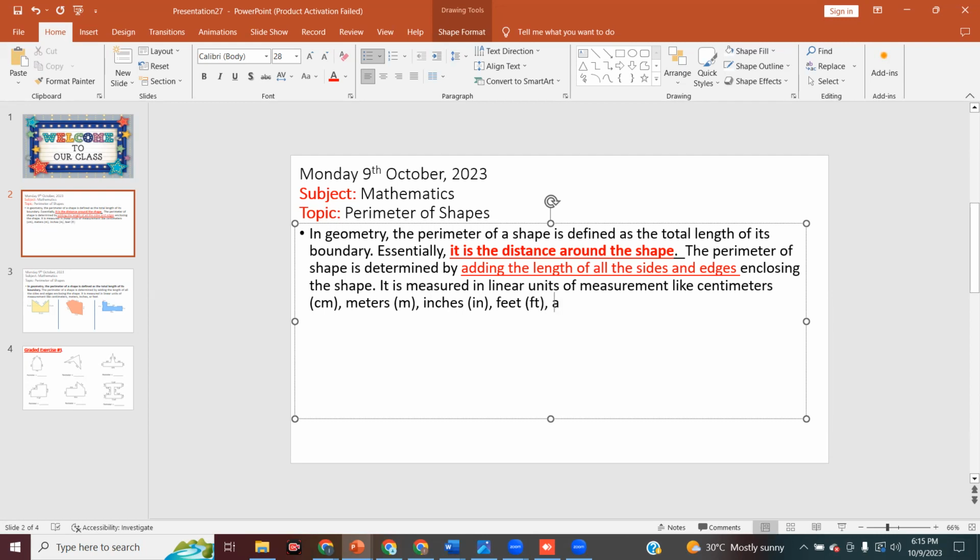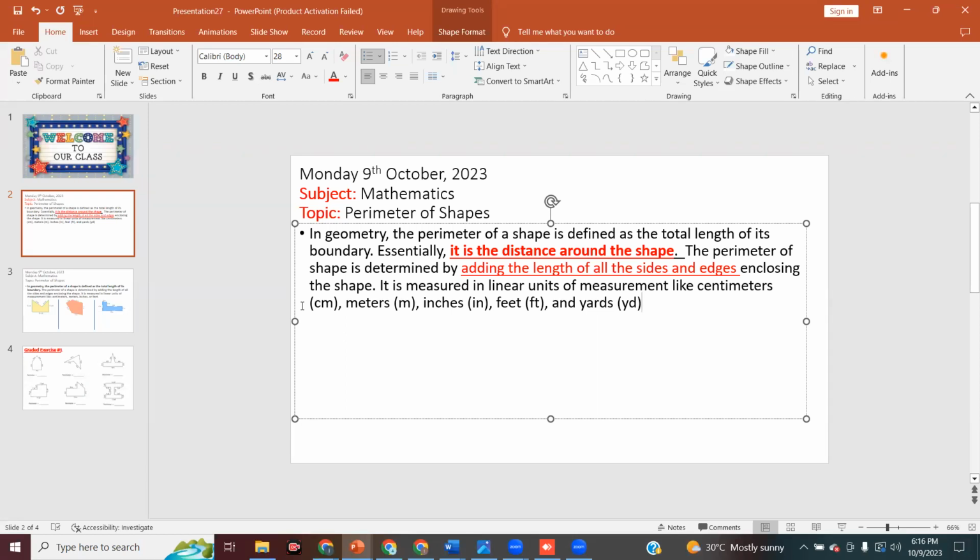And yards? YD. YD, very good. All right, so we have centimeters, inches, feet, yards. All those are different units that we could use when measuring the perimeter. It's linear, okay?